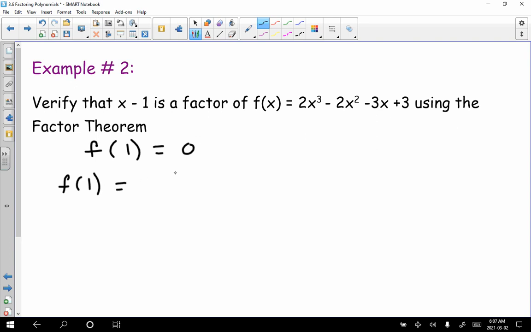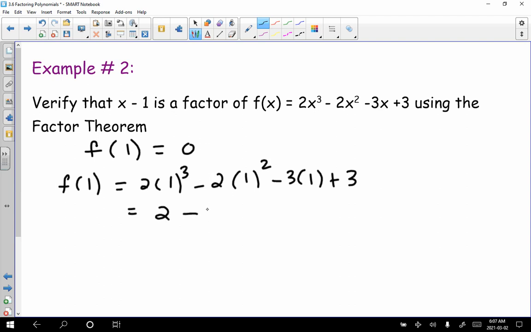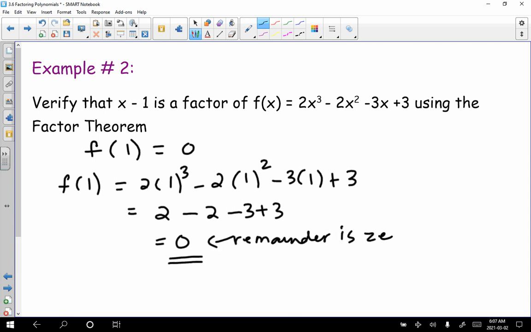It'll be 2 times 1 cubed minus 2 times 1 squared minus 3 times 1 plus 3. That's 2 minus 2 minus 3 plus 3. And that works out to 0, so it is true. So we got a remainder of 0. Therefore, x minus 1 is a factor of f of x.